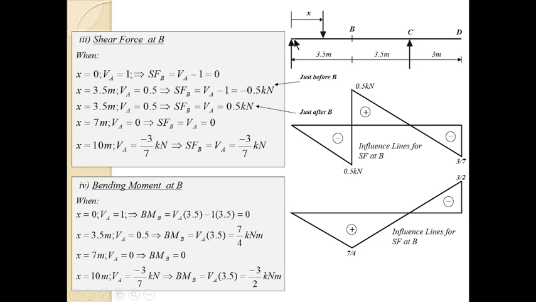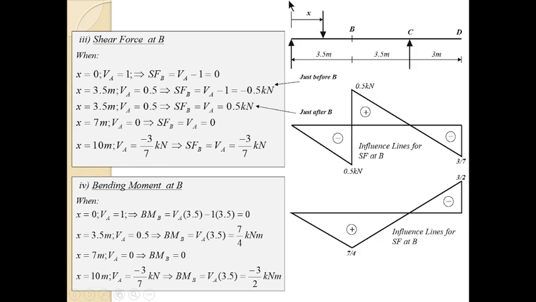And so we take moment. What is bending moment? Moment is force times perpendicular distance. So when x is equal to 0, remember VA is equal to 1. So bending moment at B will be VA multiplied by the distance. This is VA, the perpendicular distance is 3.5. That is why we have VA times 3.5, and it's positive because VA is going up.